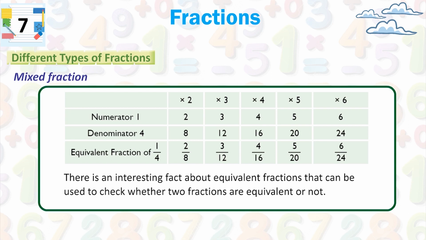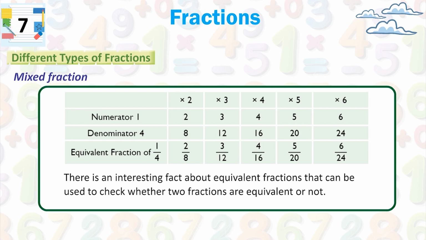Numerator 1, 2, 3, 4, 5, 6. Denominator 4, 8, 12, 16, 20, 24. Equivalent fractions of 1 upon 4: 2 upon 8, 3 upon 12, 4 upon 16, 5 upon 20, 6 upon 24.